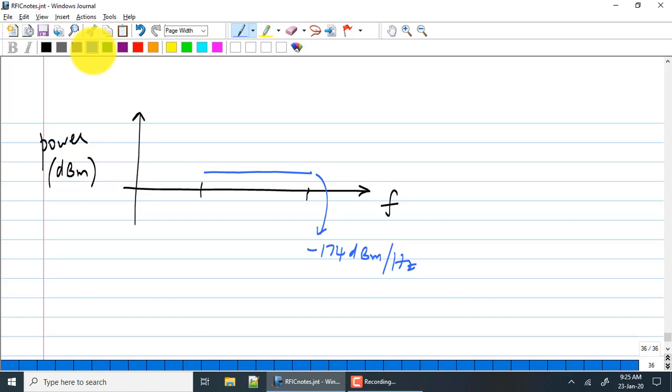If I receive it through a receiver with some noise factor F, the noise figure is NF. So the effective noise floor at the output of the receiver is raised by NF, right? So if I'm receiving the signal using a receiver with noise figure NF, the effective noise floor has now increased by that NF, by so many dB.